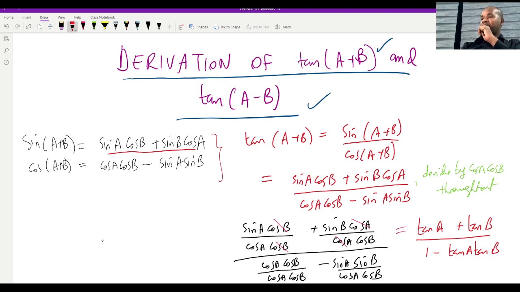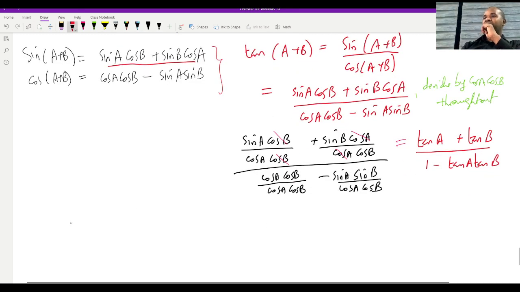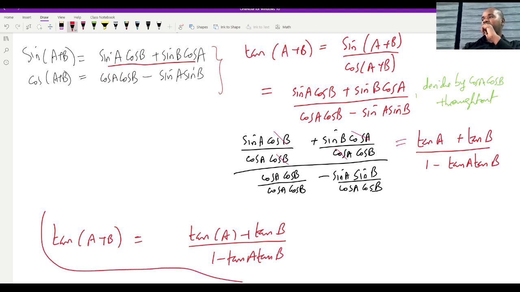So we conclude that tan(A + B) is tan A plus tan B over 1 minus tan A tan B. This is the compound angle formula for the added angles.